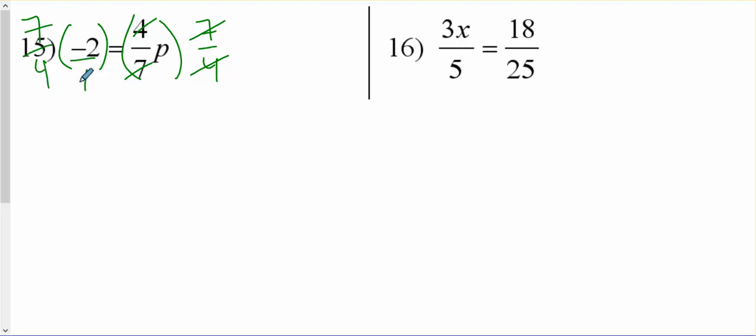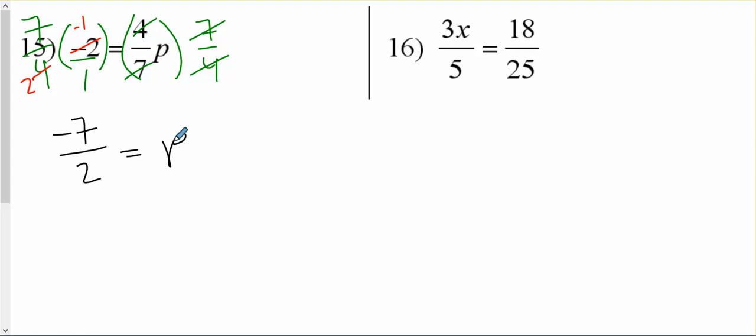My answer is going to be negative. I'm simplifying. 2 goes into negative 2, negative 1 time. 2 goes into 4 twice. So this is negative 7 over 2, and that's P.